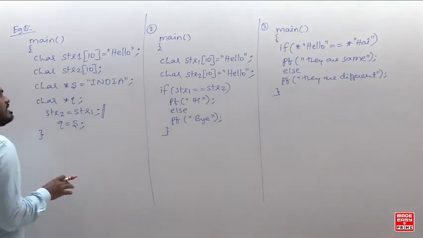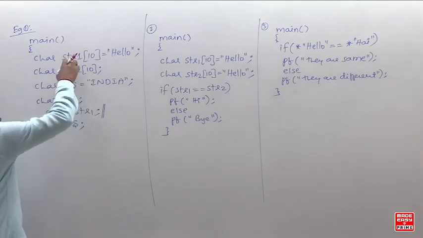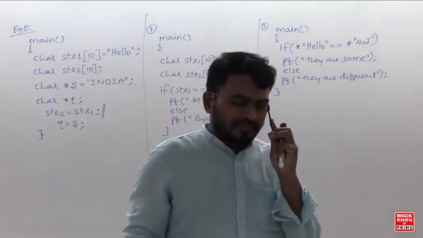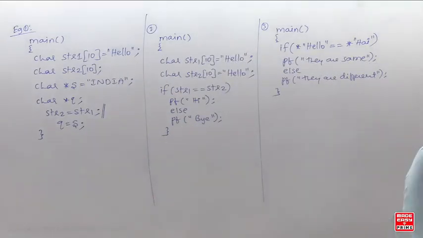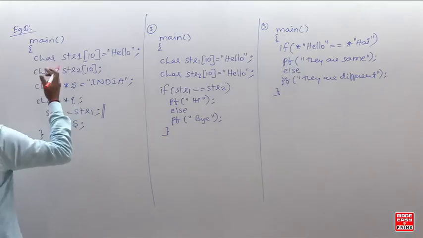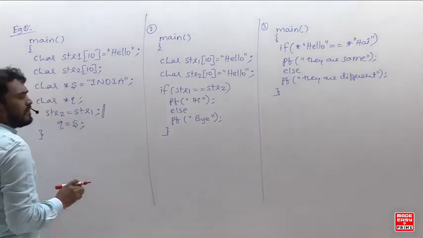You know very clearly that this is also an array, this is also an array. Whether it is a character array or an integer array, doesn't matter, it is an array only. str2 is an array, str1 is also an array.